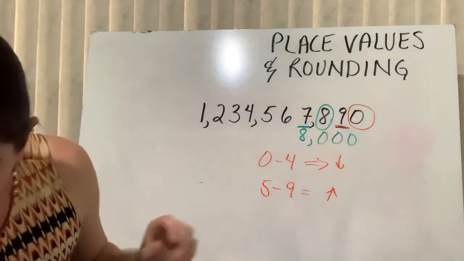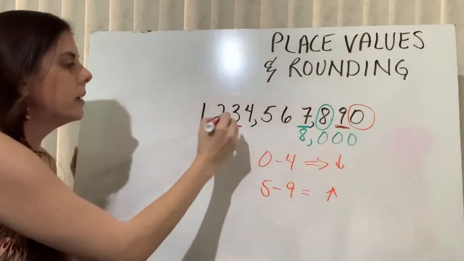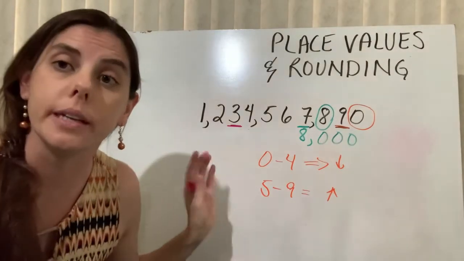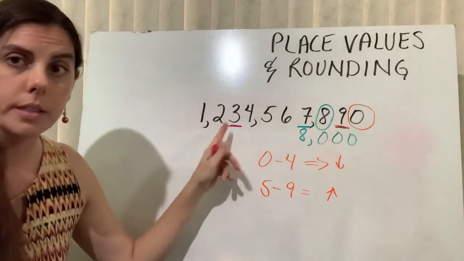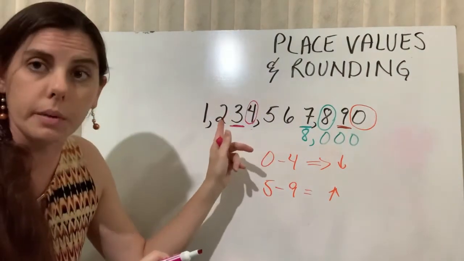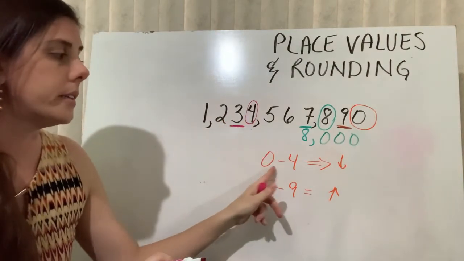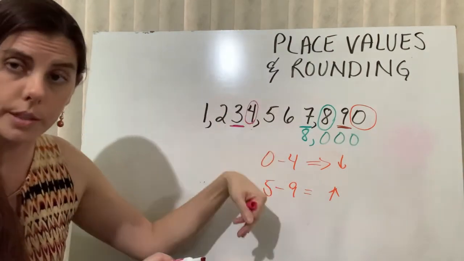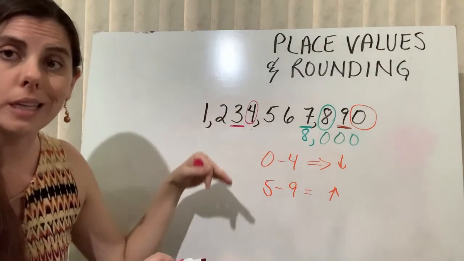All right, let's look at one more. Let's look at the 10 millions place. I want to round to the nearest 10 millions. That means I find the 10 millions place and I look at the number right next to it to see what's going to happen to my 10 millions place. Since this is a 4 and it lands in the 0 to 4, we're going to round down, which means this 3 stays the same.